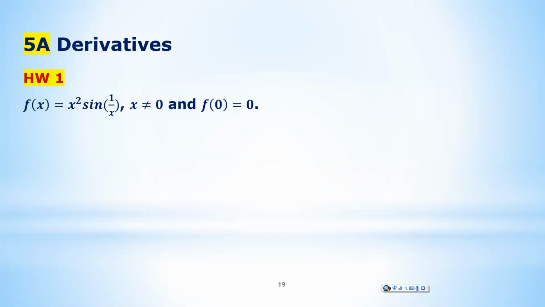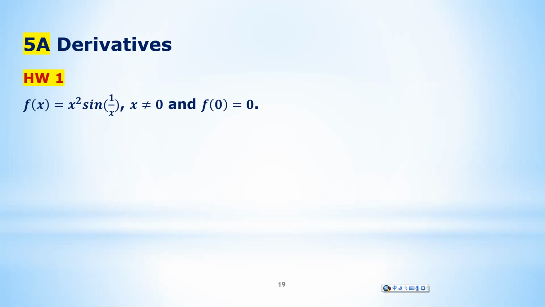So this function is defined to be x squared times sine 1 over x when x is not equal to 0, because when x equals 0 this expression doesn't make sense; you cannot talk about 1 over 0. However, we can define f(0) equal to 0. So you can see that this function is well defined for all x.